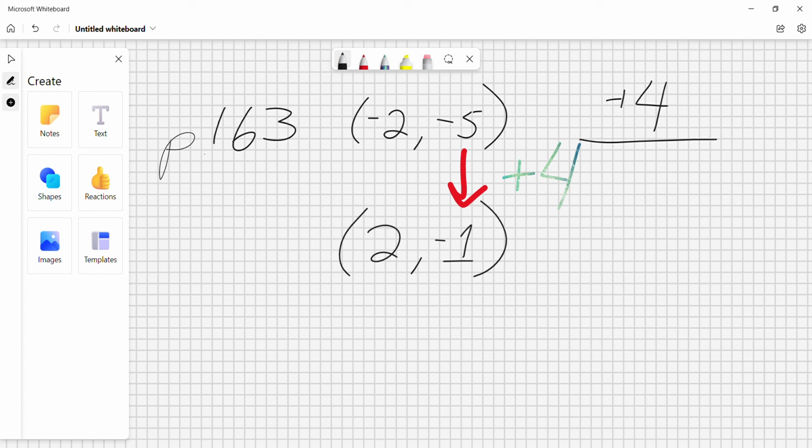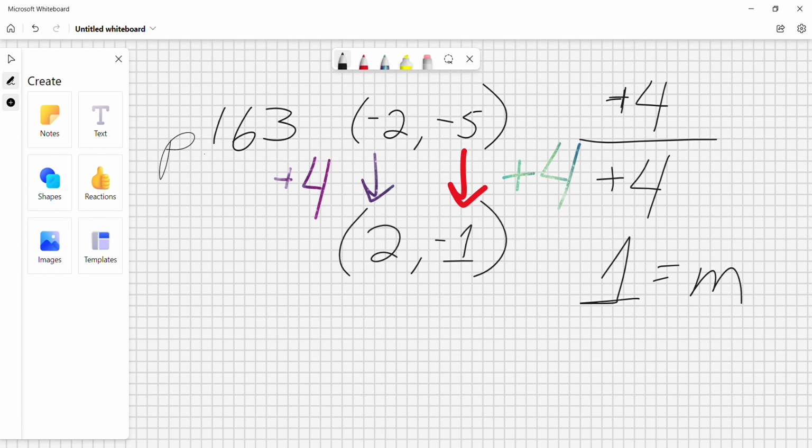My run, well, how do I get from -2 to +2? I add 4. So my run is also 4, positive. So my rise and my run are both +4. So the slope of this line is 1. That's the slope. 1 is my m.